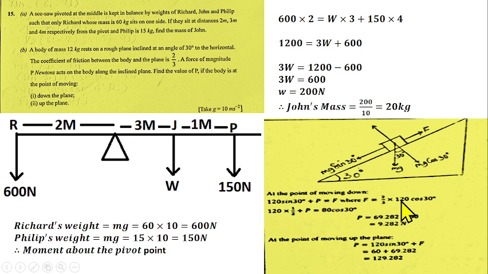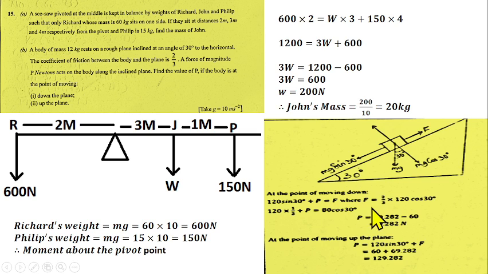So 2/3 times the reaction, which is equal to the weight of the body, our mg cos 30. The mass is 12 multiplied by g, which is 120, cos 30.